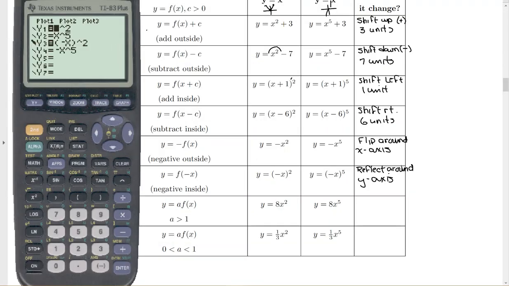So let's go back in here, and I'm going to put in the number 8, x squared. So let me delete that out. And then let's take a look at how that's going to differ from x squared. So there's my x squared. And then notice the 8 brought it in, but what we're really looking at is it's a vertical stretch.